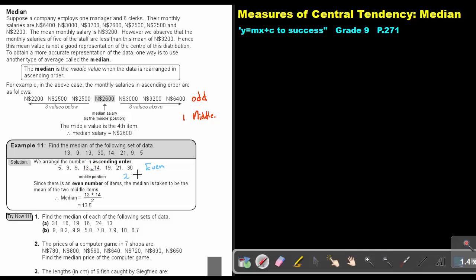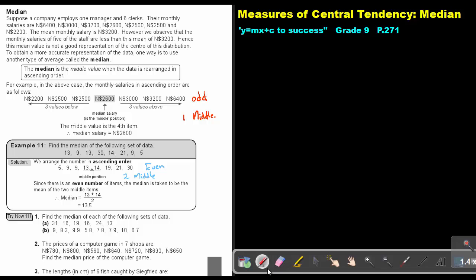And what do I do if there are 2 values in the middle? Then I just add them up and divide by 2. So since there's an even number of items, the median is taken to be the mean of the 2 middle items. So it's this plus this, divide by 2, and that's 13.5.